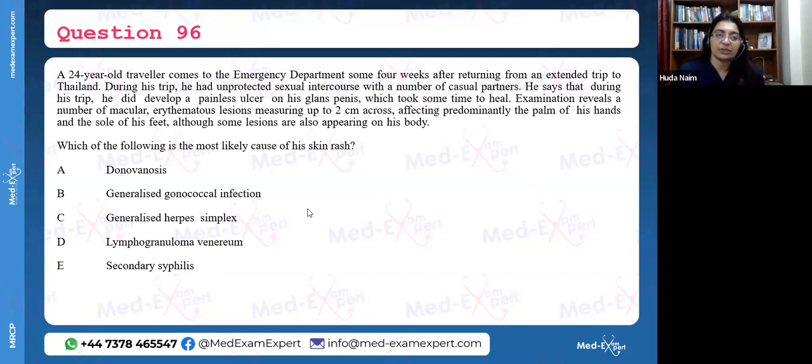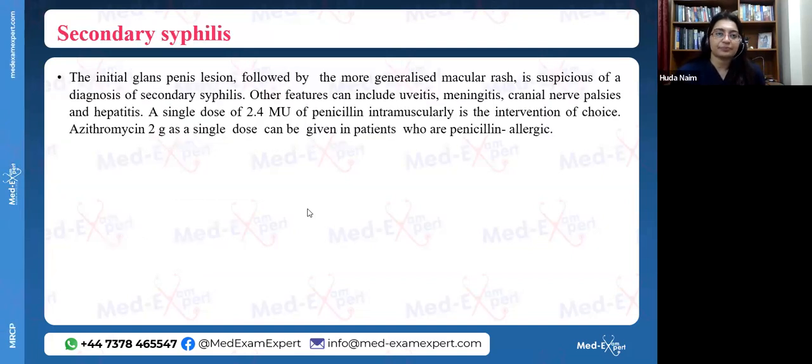Yes, it's Dr. Sindhu, very good. It's syphilis, it's secondary syphilis, because in secondary syphilis you have this rash. The macular rash is very specific to syphilis. Then you can have other manifestations as well. You can have cranial nerve palsies, meningitis, hepatitis, and later on they can develop cardiac complications as well.